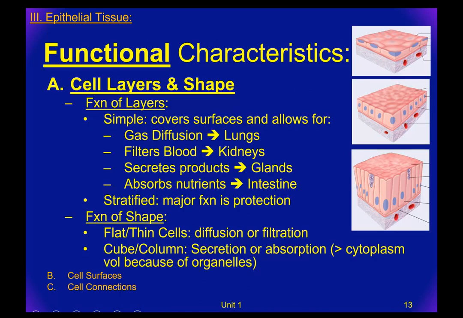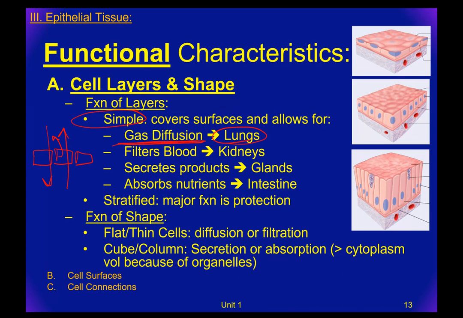So, layers. If it's simple, it's one layer, okay? It means you're going to be moving stuff, either from the cells over or through the cells. So you've got things like gas diffusion. Gas diffusion happens in the lungs. We need to be able to take oxygen from the atmosphere into our blood.